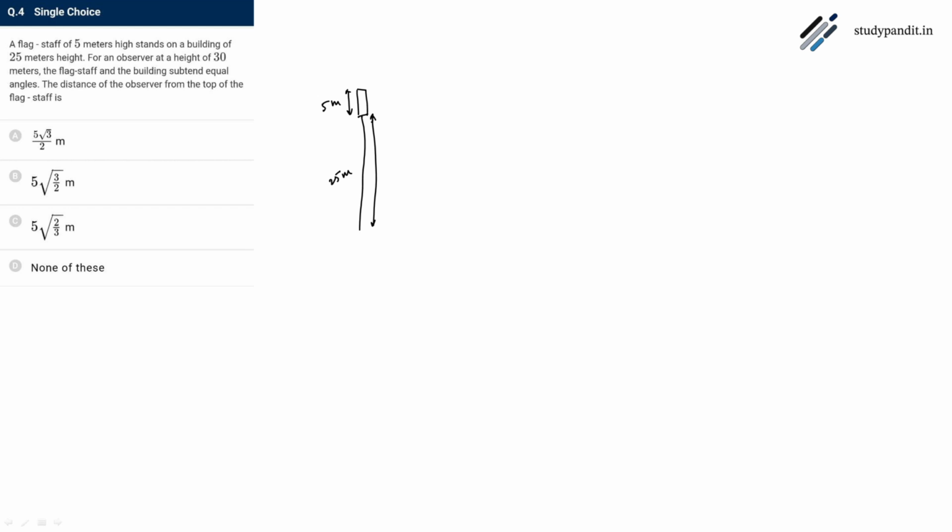And the observer is at the height of 30 meter, so this is 30 meter.